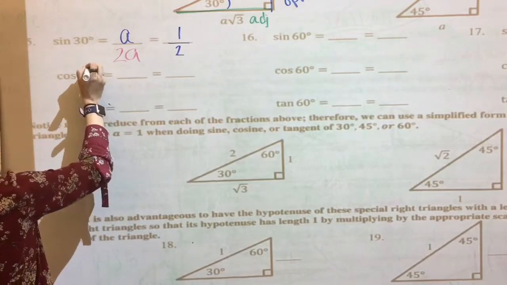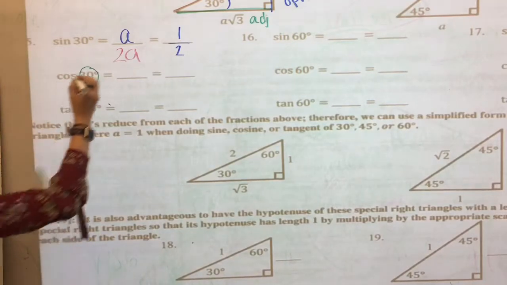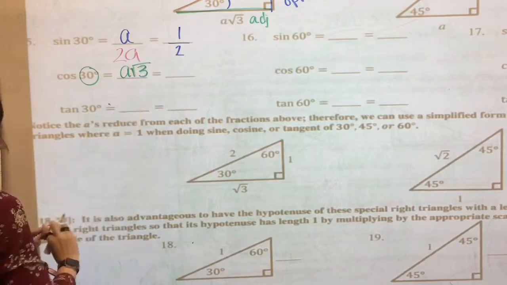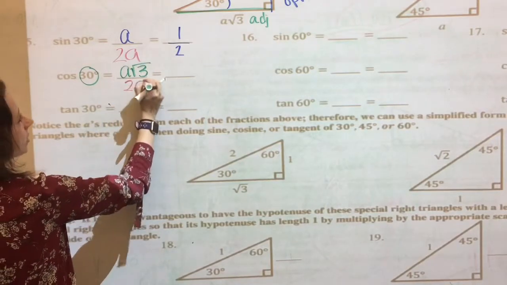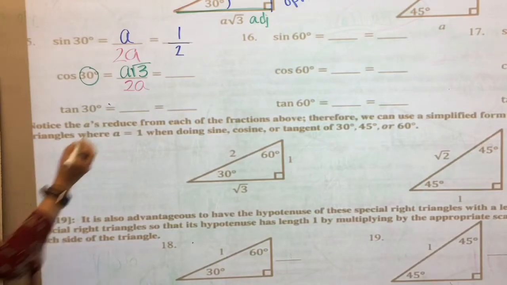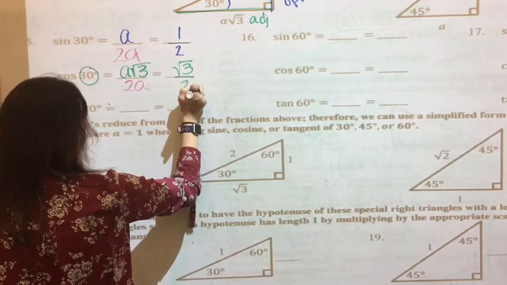For cosine 30? Cosine is the what over the what? Opposite over hypotenuse. No, that is sine. Adjacent over hypotenuse. So what's our adjacent? A root 3 over 2A. And what do I get when I reduce that one? Root 3 over 2. And I'm telling you that this ratio is going to reappear.